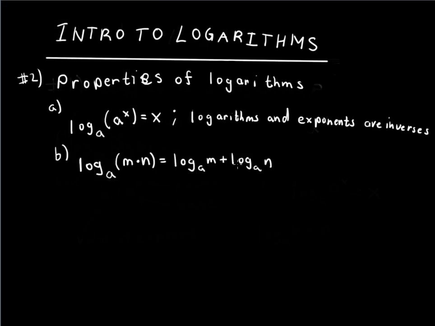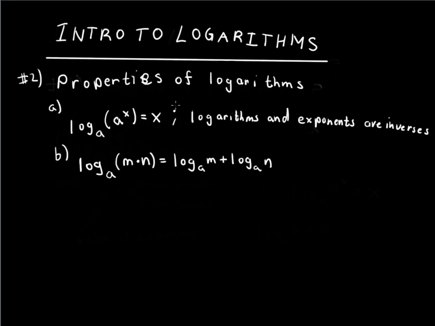The next important rule is the multiplication property. This property means that if you have two values multiplied inside one log, you can split it into addition. So log base a of m times n is equal to log base a of m plus log base a of n.